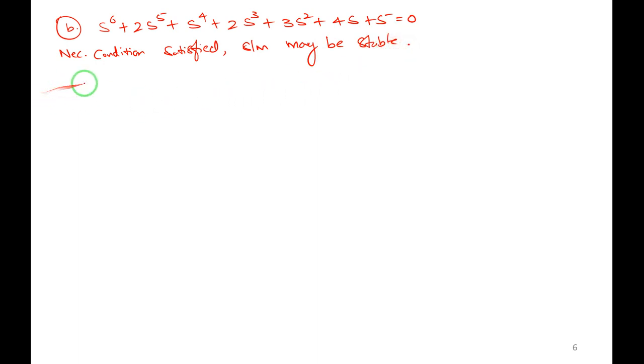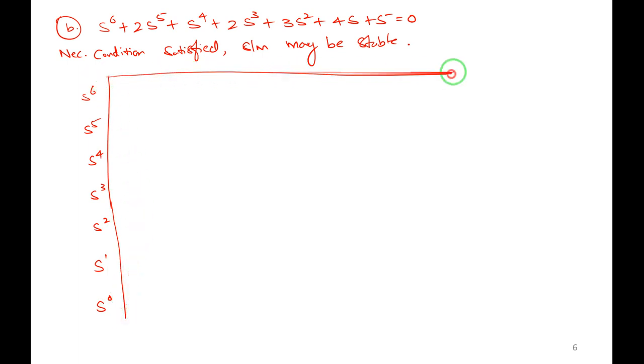So form the Routh array: s power 6, s power 5, 4, 3, 2, 1, 0. In the first column, the odd term coefficients are 1, 1, 1, 1.